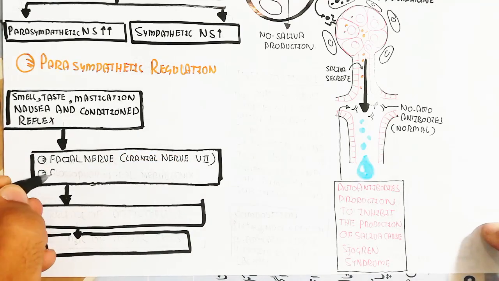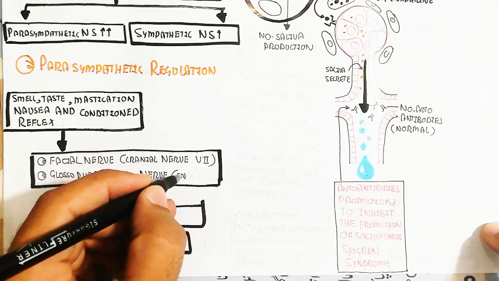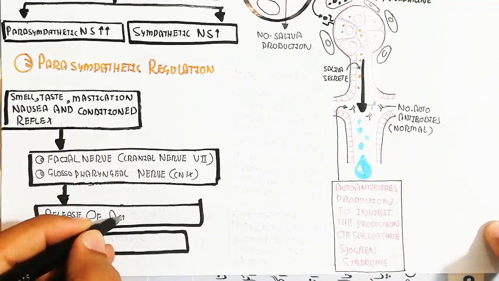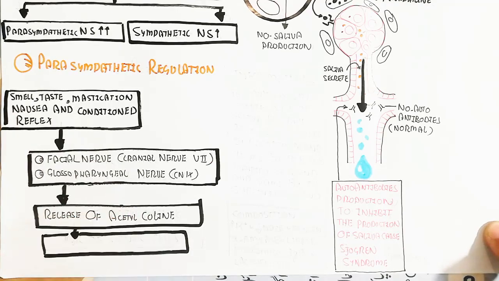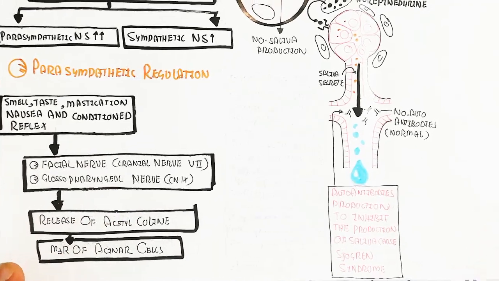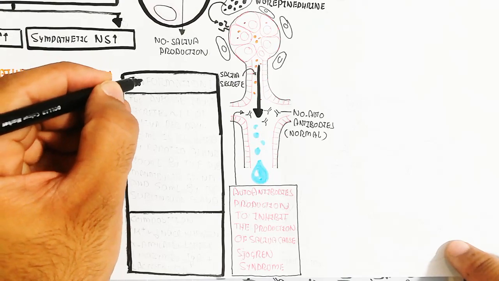The secondary stimulus is the food, but the primary is some object that creates the saliva as a learning. So the facial nerve and glossopharyngeal nerve are involved, and will lead to release of acetylcholine onto the muscarinic receptor of the acinar cell.